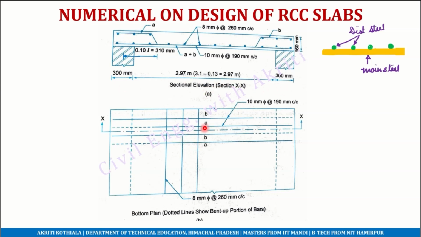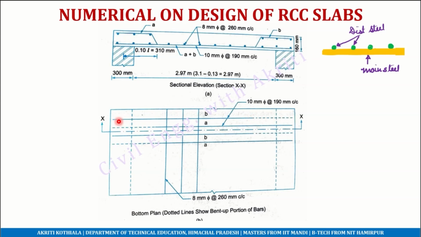Now we have to also show it in the plan. When we show it in the plan, you can see that this bar is completely solid till here, and then at 0.1 L from the center of the support we are showing a dotted line. This dotted line means that this bar has been bent up from this end.